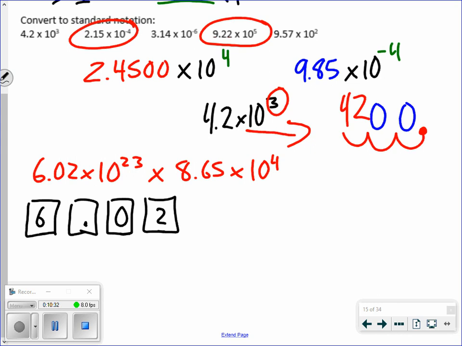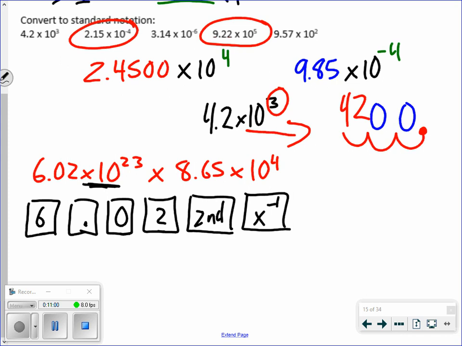Then it gets a little tricky. You will never, ever hit the multiplication button for this part and type the number 10. Never. We're going to do scientific notation. You're always going to hit the second button, no matter what calculator. If you're on the orange or pink calculators, you're going to look for the button that says x to the negative 1. If you are on the TI-84 Plus, you're going to look for the comma button.